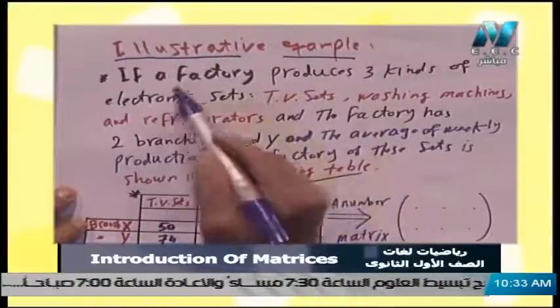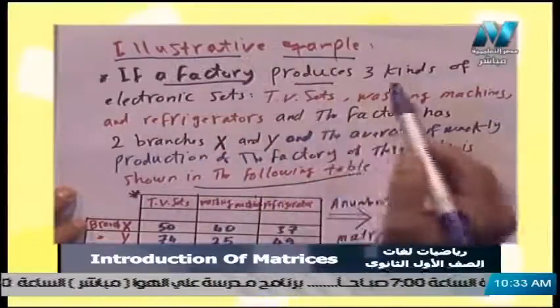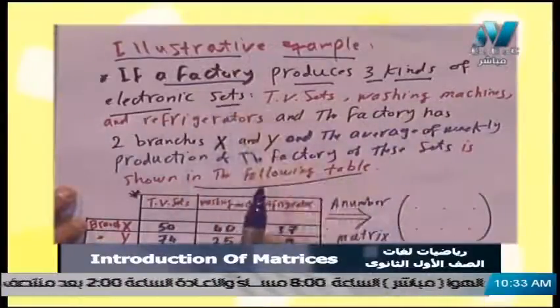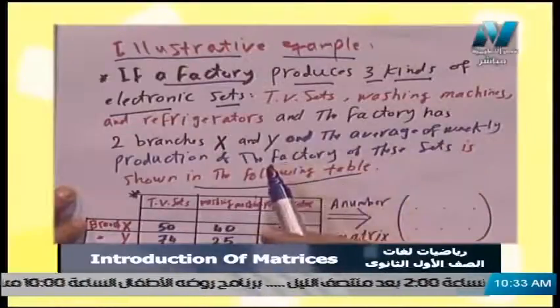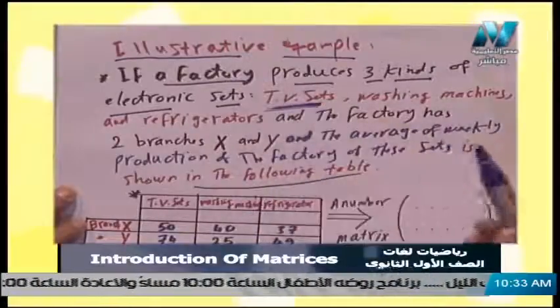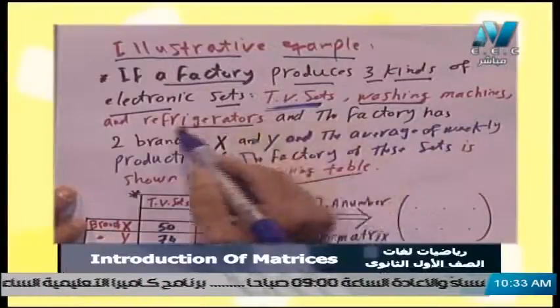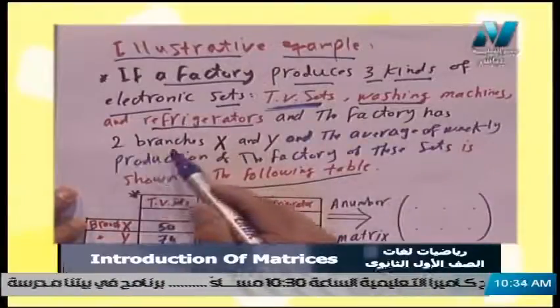Suppose we have a factory in our country that produces three kinds of electric sets: TV sets, washing machines, and refrigerators. The factory has two branches.